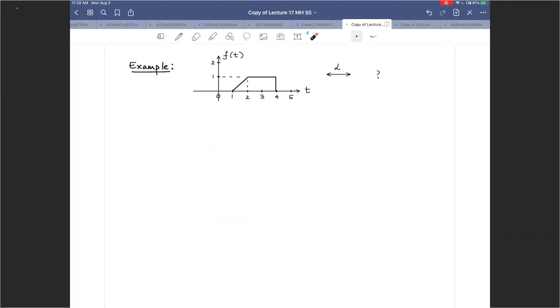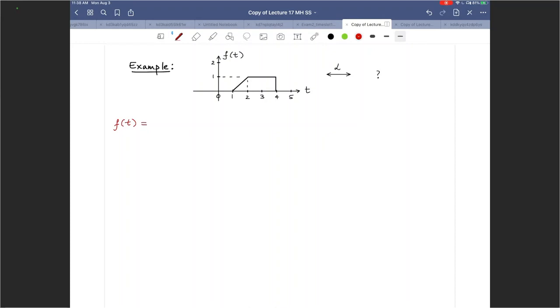Okay, so we have another example here, which is an interesting looking function. It has some linear aspect to it and it has some rectangular aspect to it. We are trying to find the Laplace transform of this function. So the first thing that I'm going to do here is write the function in terms of unit steps.